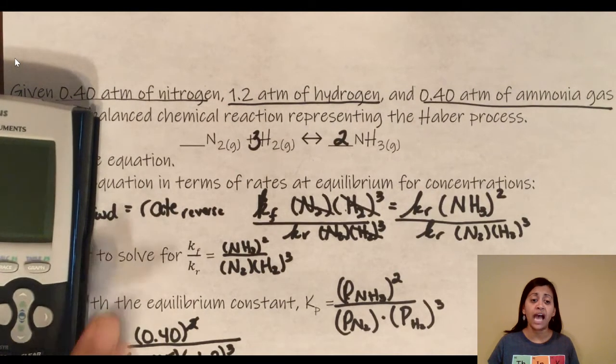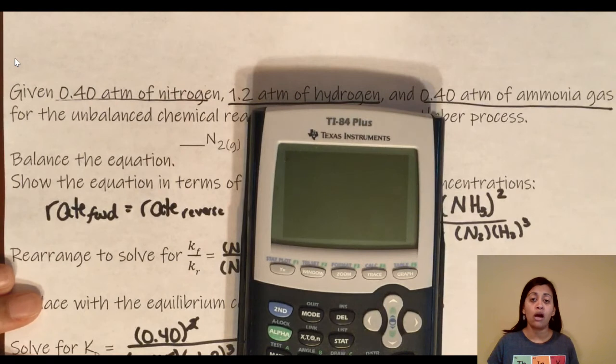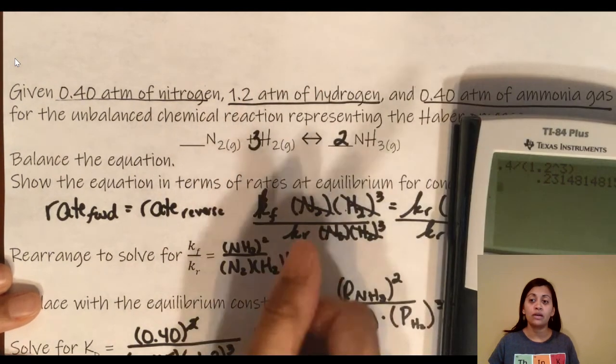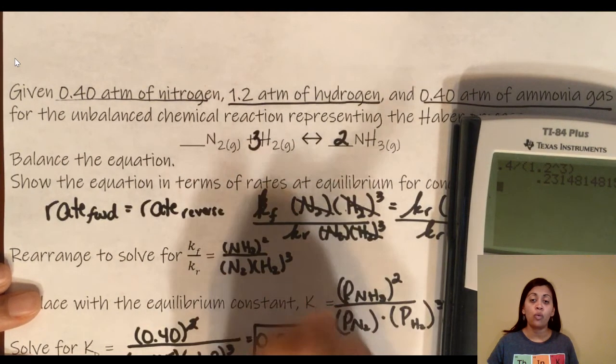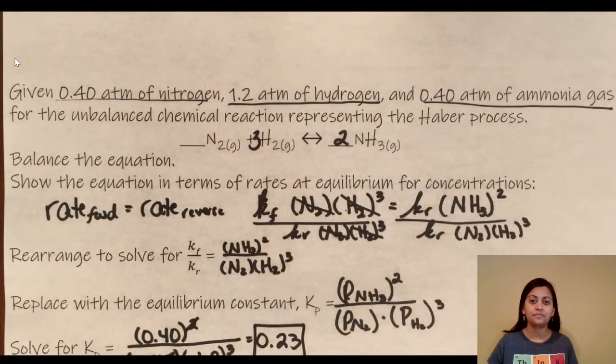Now, since we have 0.4 on both the numerator and the denominator, I'm going to at least cancel out one of them. So as we solve for this, we have 0.4 divided by 1.2 cubed. And that is going to be equal to 0.23. So that's how we solve for Kp.